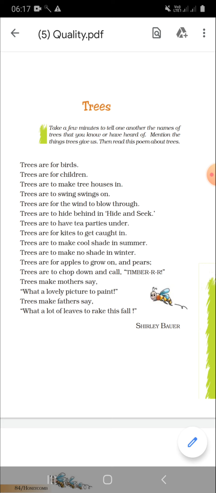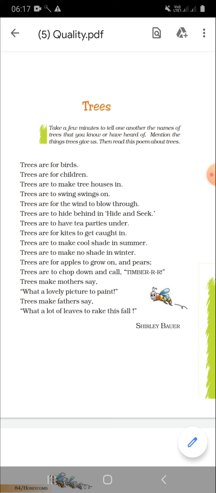Well, given the current situation, it will definitely be difficult for you to speak to one another or your other classmates physically, but you can take up this activity virtually by messaging them about the same, or even by leaving your comments in this video or liking the comments at the bottom of this video about the names of trees that you know or have heard of and the things trees give us.